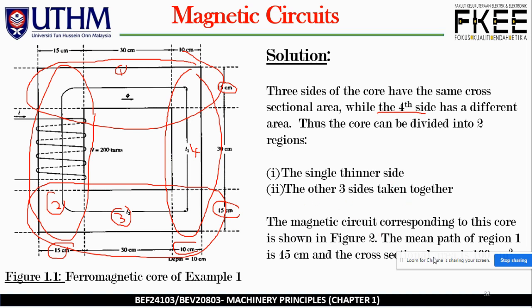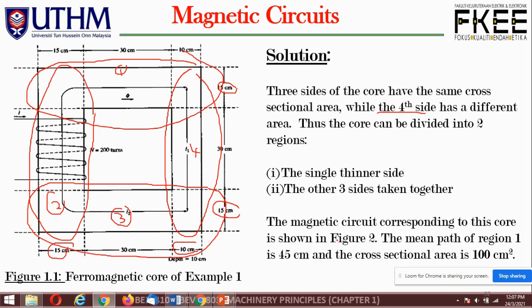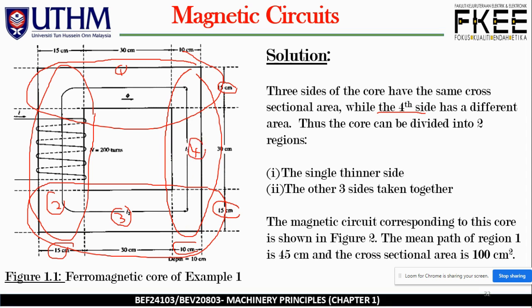The magnetic circuit corresponding to this core is shown in figure 2. The mean path length of region 1 is 45 centimeter, and the cross-sectional area is 100 centimeter square. We start with the different one, because we have one different size of core, the fourth one here, which is somewhat thinner or smaller.